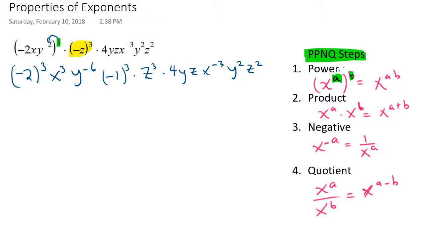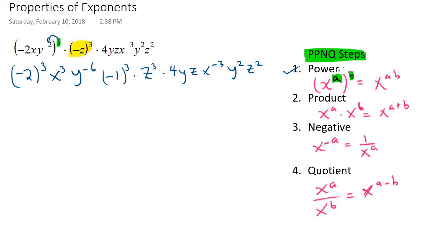All right, so power is done. We're going to do product now because we can see there is x and then x over there, and then there is y. We're just going to combine all of this, consolidate them into one base. So first, let's take care of the numbers.